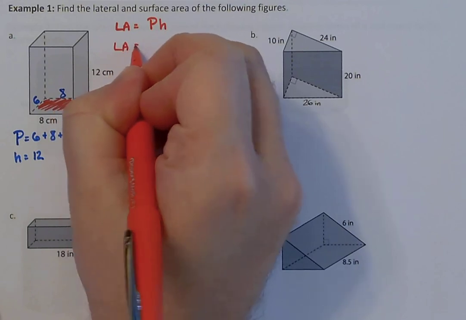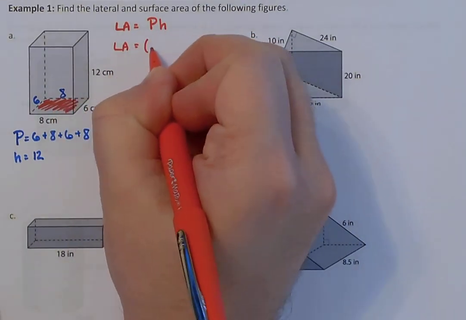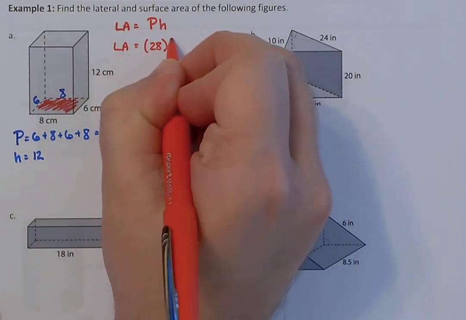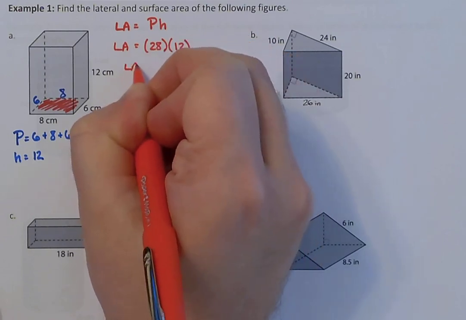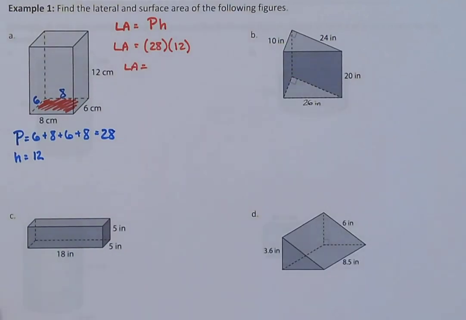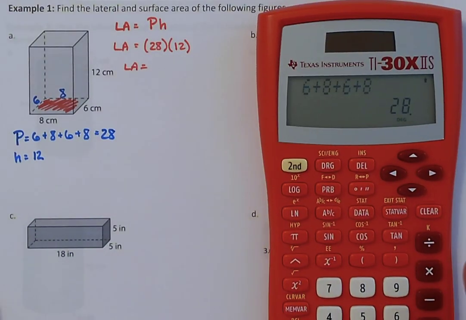So the lateral area is equal to 28 times 12. If we do 28 times 12, we get 336 centimeters squared. We're back to units squared because we're talking area.